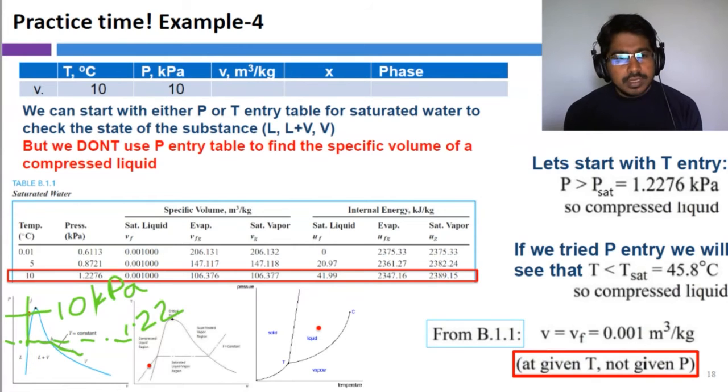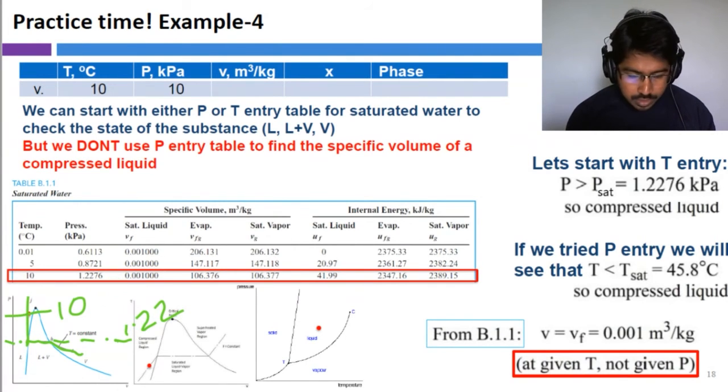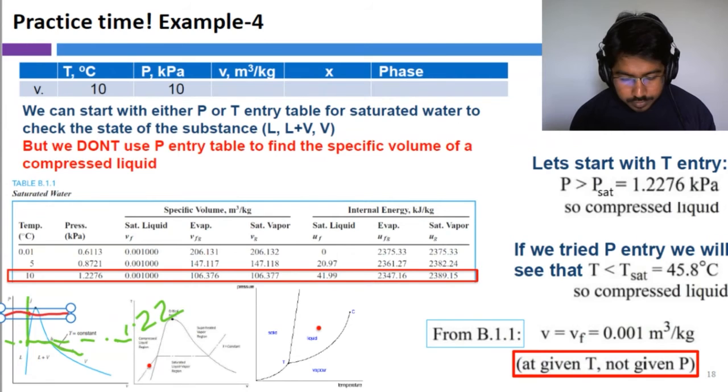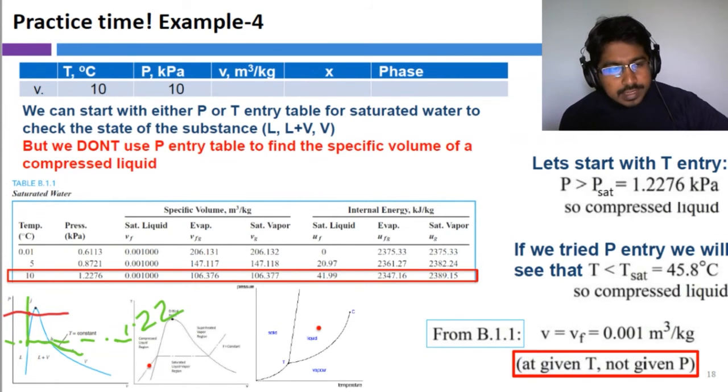So what can we say about the state of this one? Our state only crosses the isothermal line in the compressed liquid region. Therefore, we can say that this is a compressed liquid, right? Are we clear?